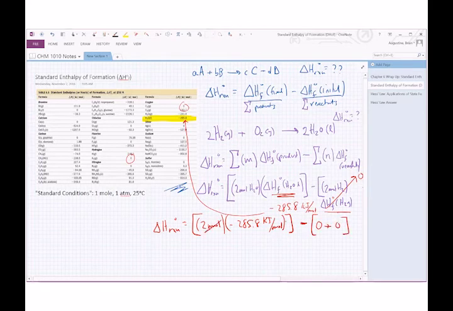Moles cancels moles. I'll get my calculator out. It's actually my phone. 285.8 times 2 is minus 571.6 kilojoules, which is delta H reaction.